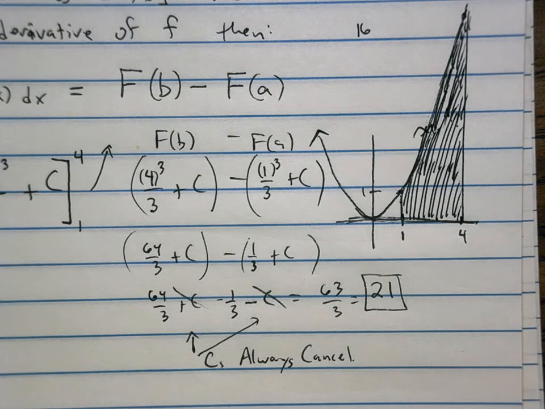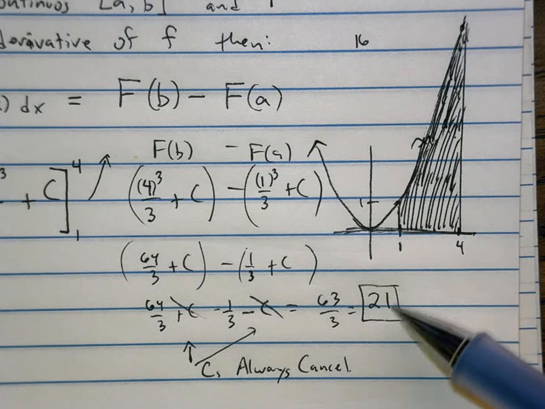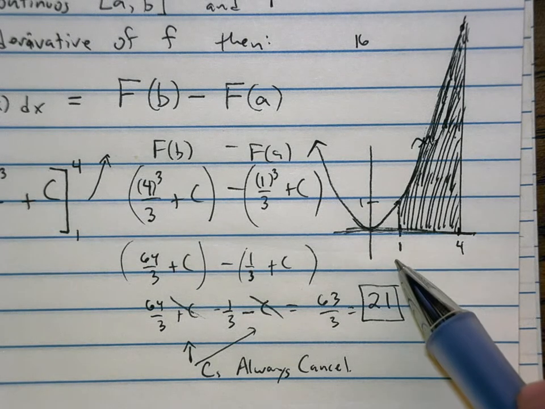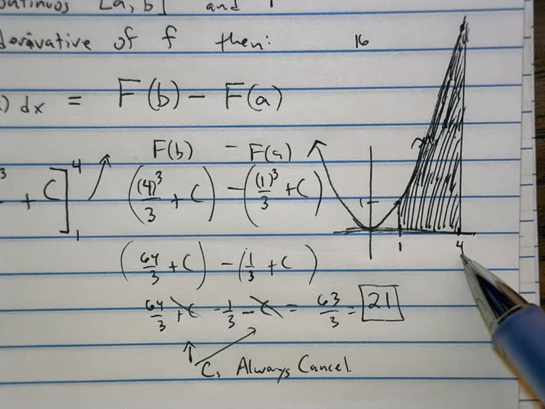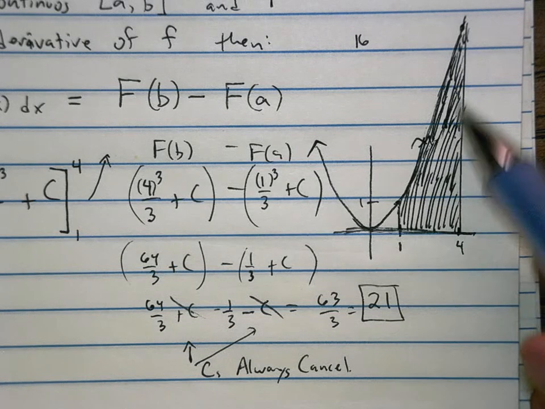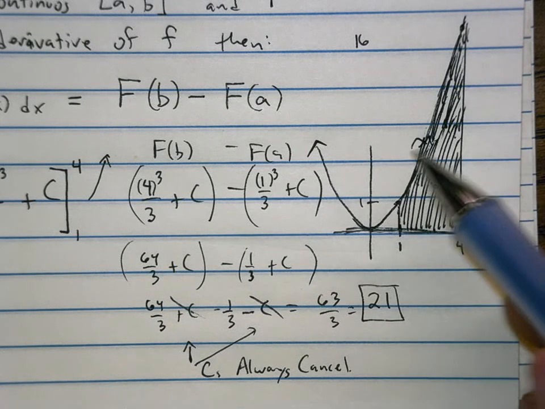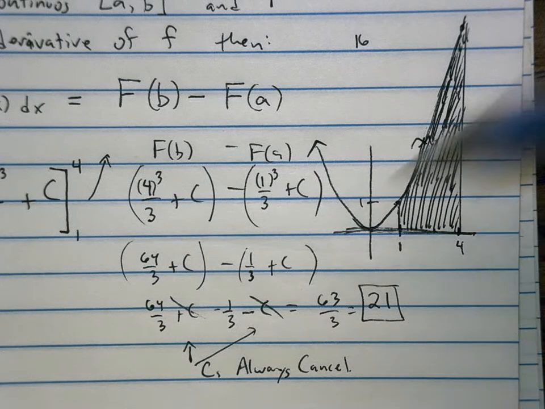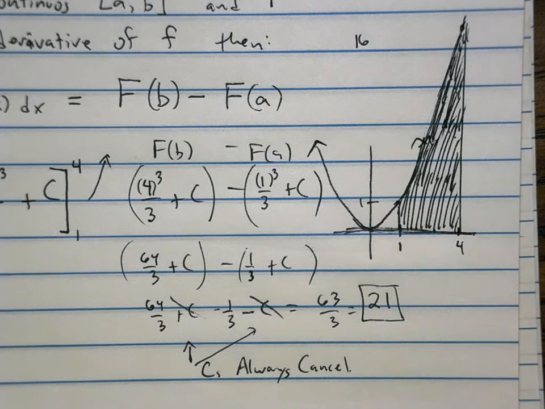So I'm shading that in. 21 is the units. If this was 1 inch and this was 4 inches, then it's 21 inches squared is the area below this curve. It's the area between the function and the x-axis.